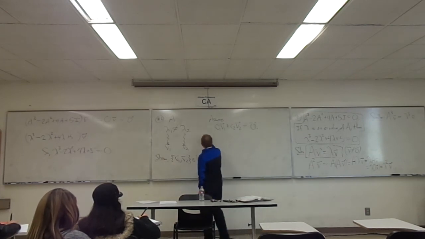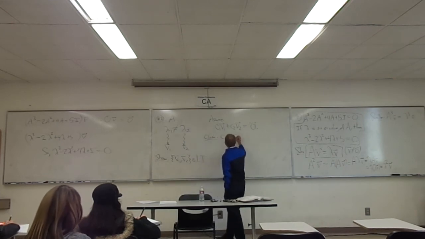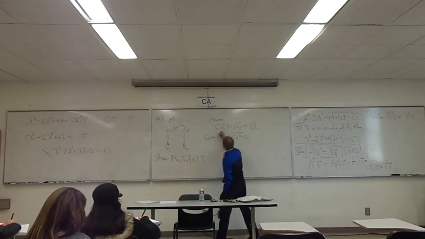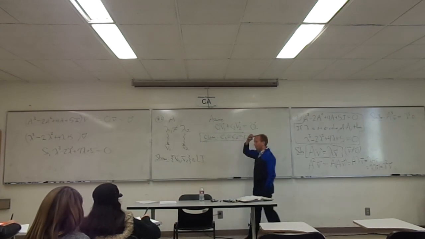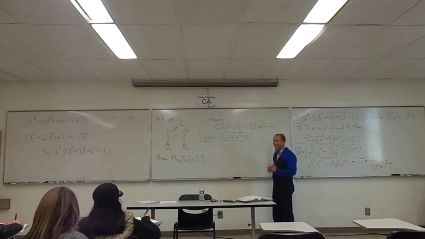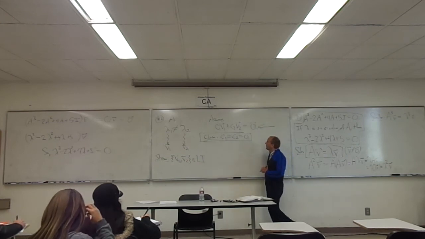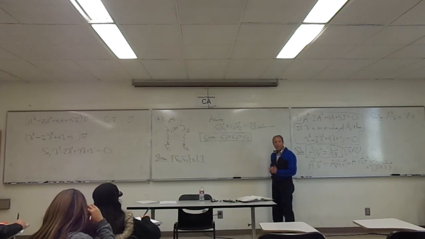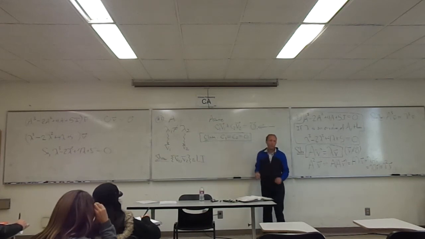So the claim is that the C1 and the C2 are 0. This is what we have to be able to justify. Okay? But this is where we're starting from. Does anybody have a suggestion as to what I could do with this starting equation?